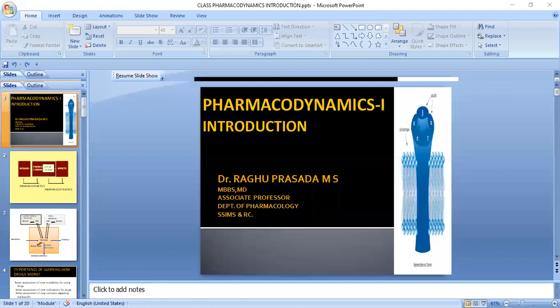Whereas the antagonist can bind to the receptor, but has less efficacy or zero efficacy. Then there is one more concept, the inverse agonist, where the drug can produce a negative effect rather than the expected positive effect. So we have two concepts, agonist and antagonist.